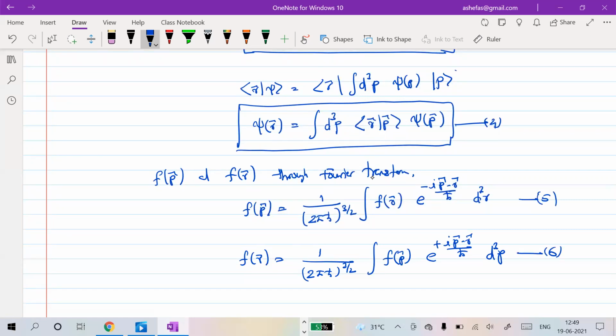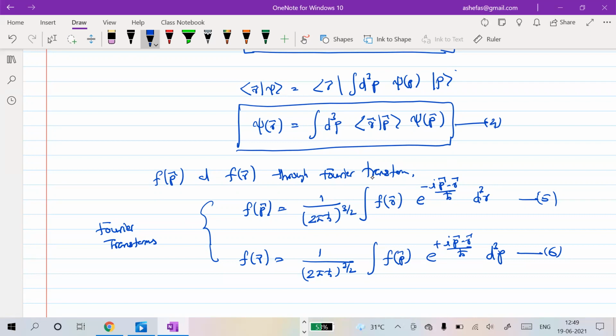This kind of connection is called Fourier transformation. One is called the Fourier transform, the other is called the inverse Fourier transform, or in general, they can be called the Fourier transforms. So if you have a function in terms of two different variables, it is possible to connect them.